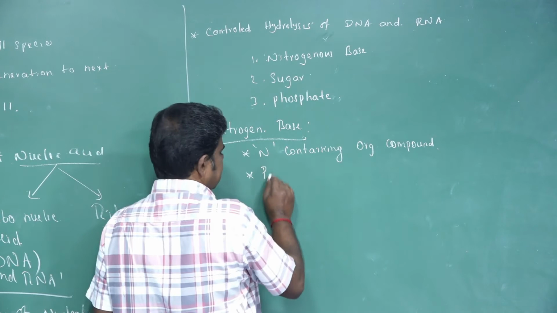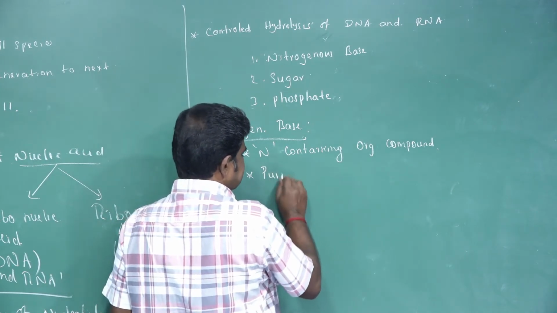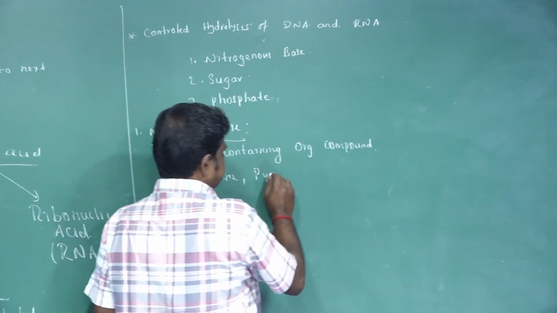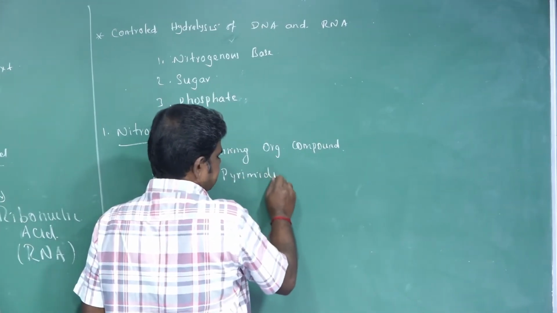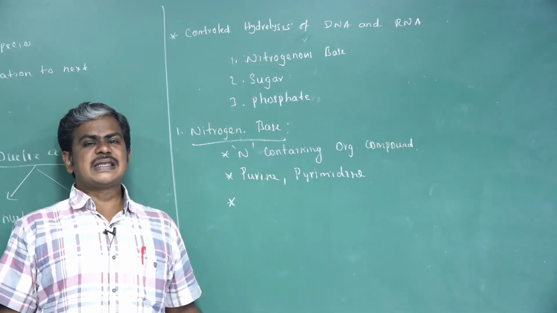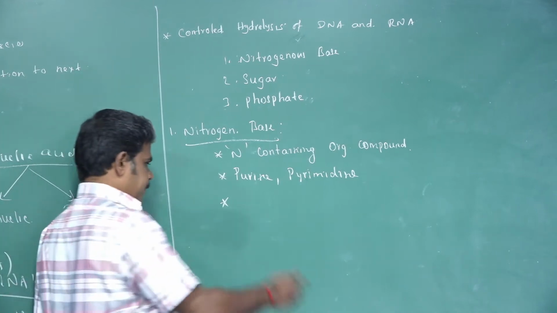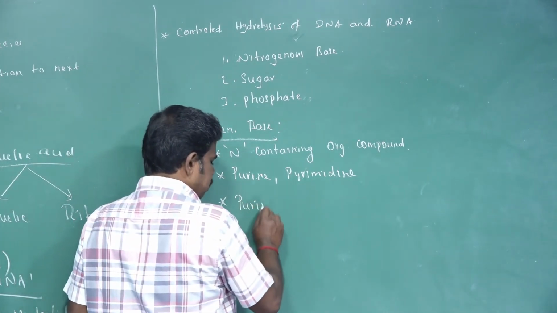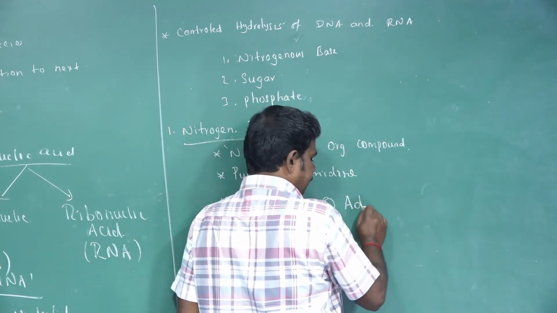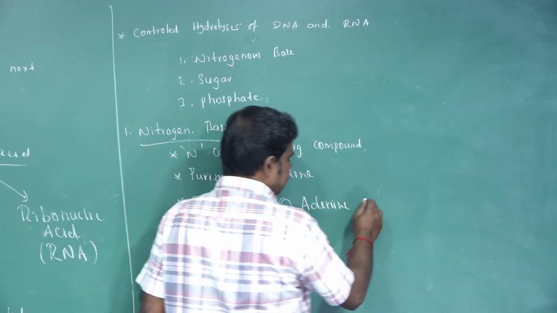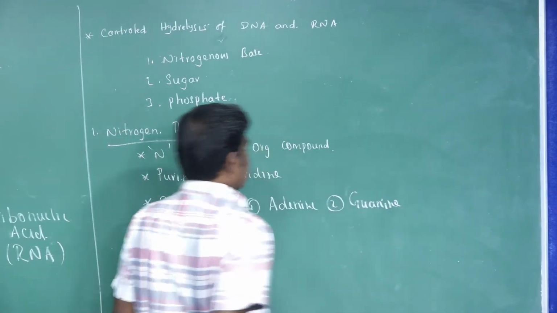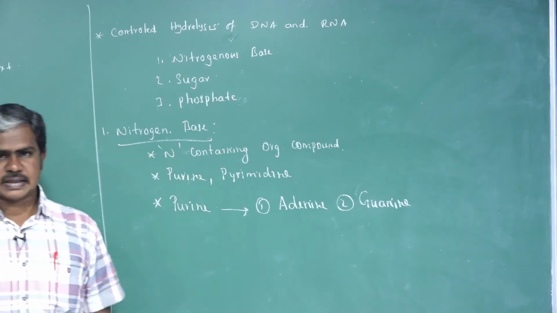So we have purine bases and pyrimidine bases. The purine bases are adenine and guanine.